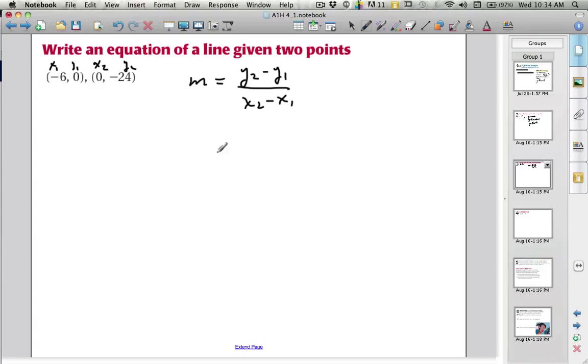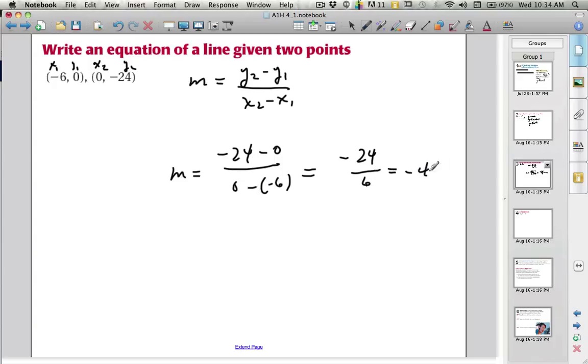Then I'll have -24 minus 0 divided by 0 minus -6. So this will be -24, and the denominator, the opposite of -6 is 6, and when I simplify this will be -4. So my slope is -4.